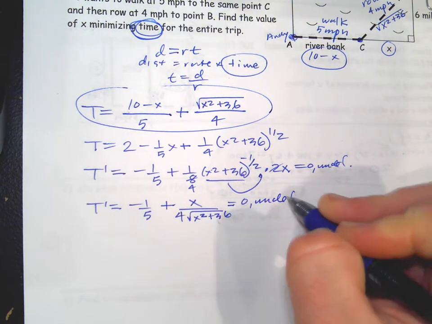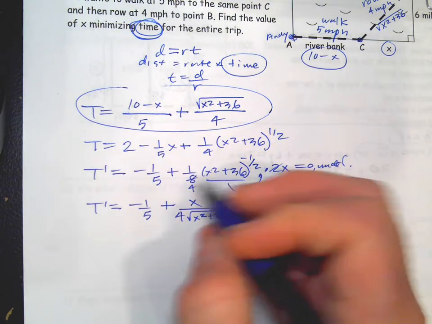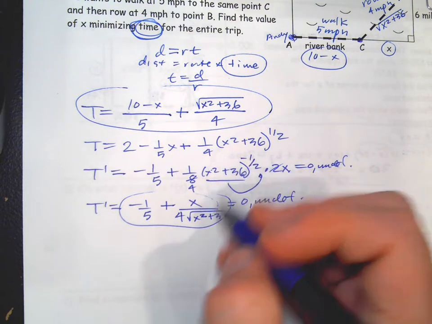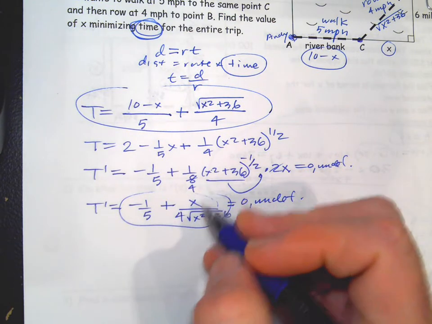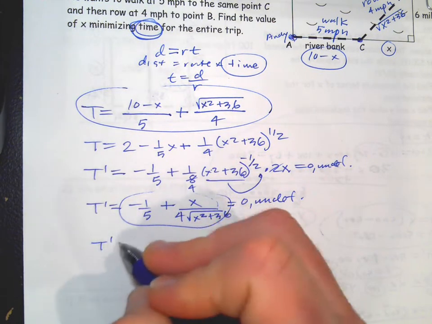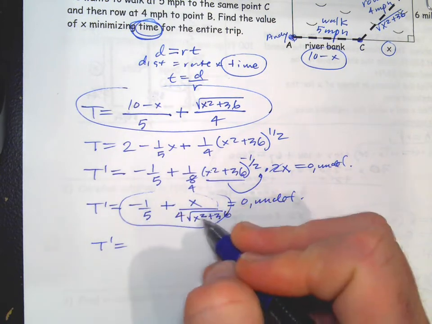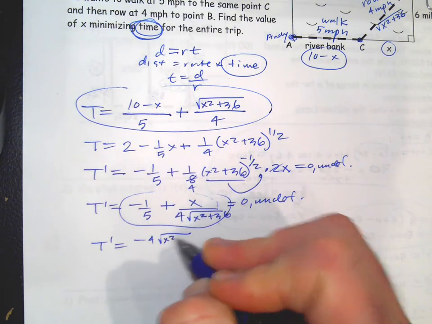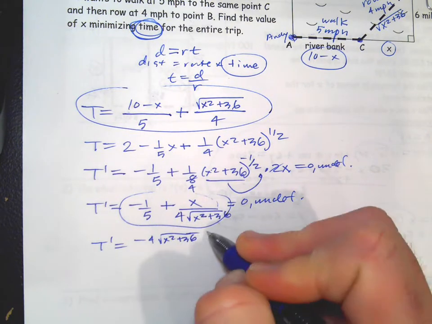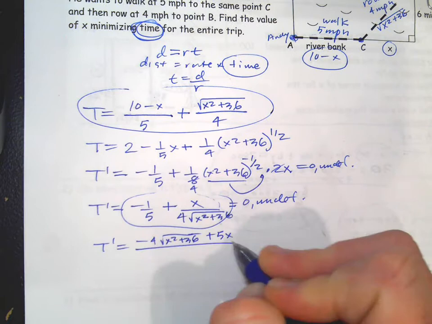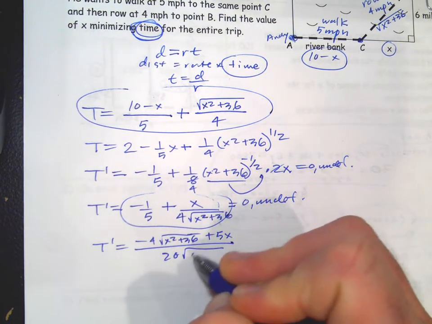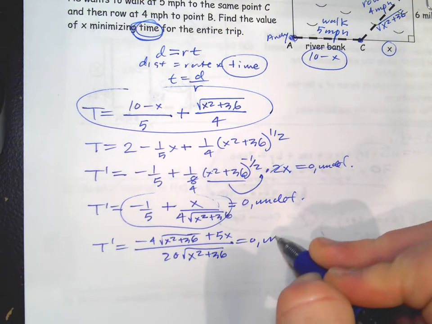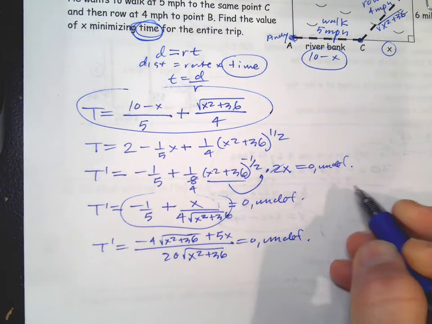Now, when we were solving rational equations back in chapter 1, I generally didn't want you to cross multiply, because you potentially lose answers there. So you want to combine these into a single fraction with the least common denominator. You multiply top and bottom by this, top and bottom by that. It's going to be negative 4 square root of x squared plus 36 plus 5x, all over the least common denominator, 20 square root of x squared plus 36, equals 0 or undefined.